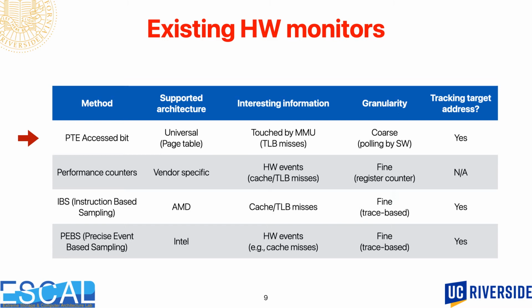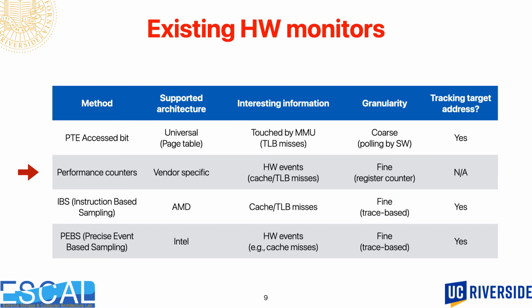With an A bit, we can track TLB misses because the page table is touched by the MMU. This method is coarse-grained because the A bit only shows whether it has been accessed or not. Then we cannot count how many times it has been accessed with an A bit. Because the A bit is in the page table, we can track virtual and physical addresses.